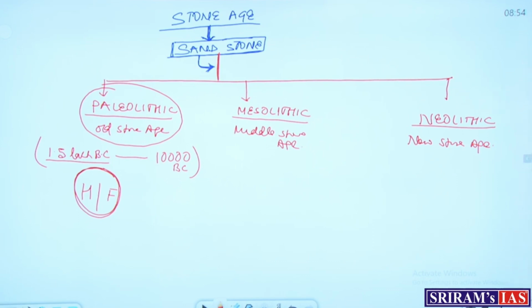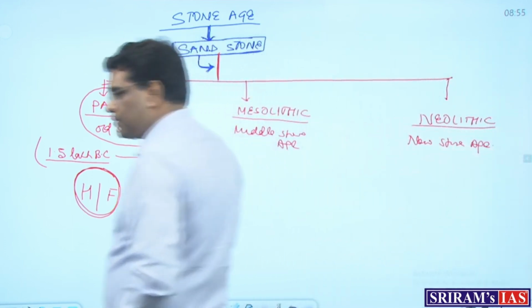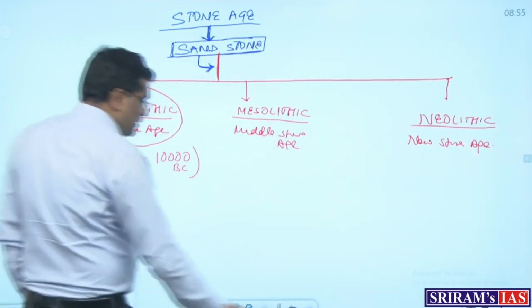And throughout the world in this period, it was common to Europe, Africa and Asia all. So throughout the world in this period, there are only 3 types of tools. This is common. They don't have intellectual property rights. TOT, transfer of technology, was very common. So there are 3 types of tools in the Paleolithic period.